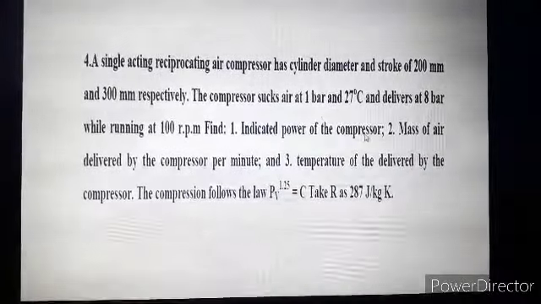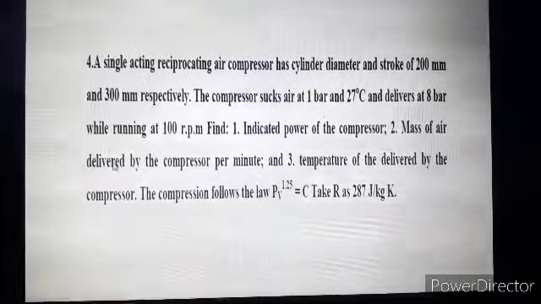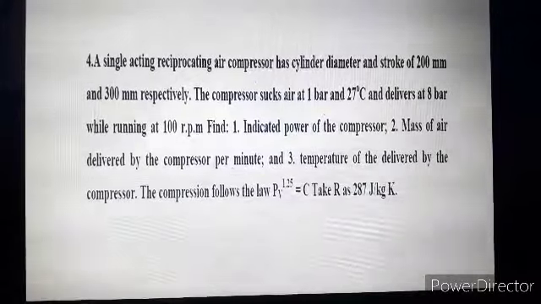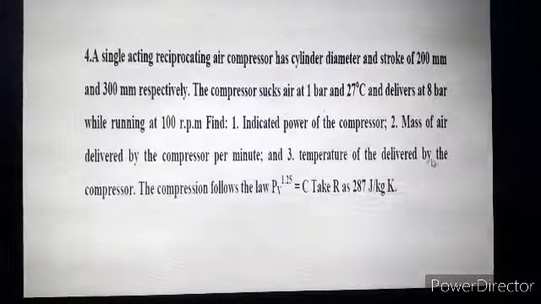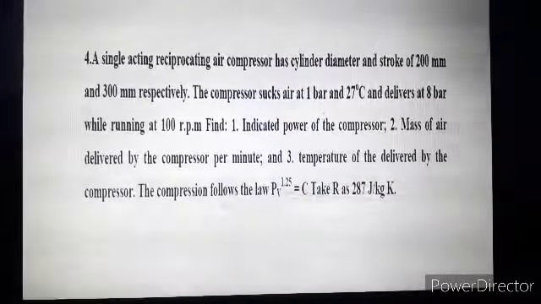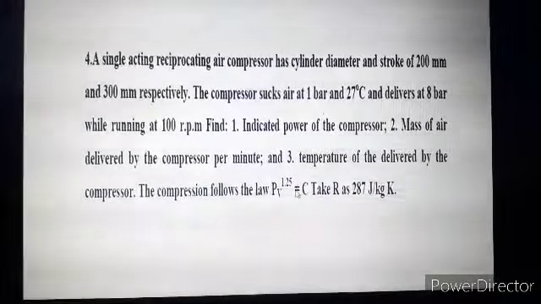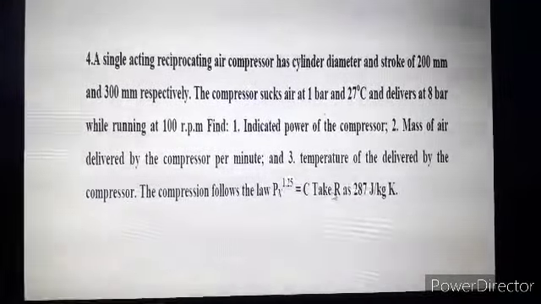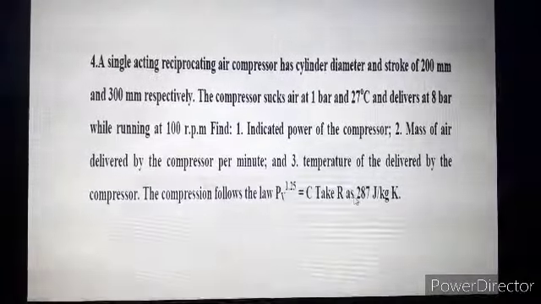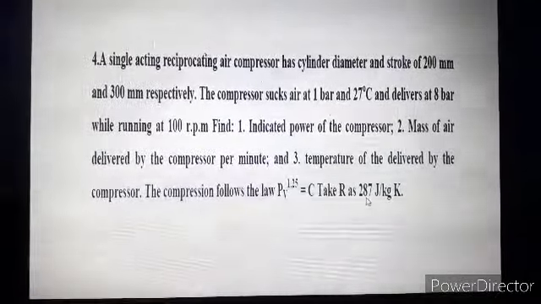Find the indicated power of the compressor, mass of the air delivered by the compressor per minute, and temperature of the air delivered. The compression follows the law PV raised to 1.25 is equal to C. Take capital R as 287 joule per kg per Kelvin.